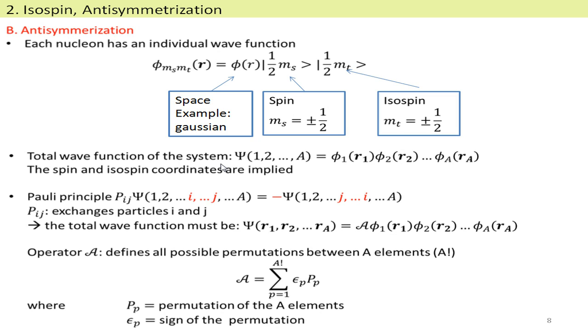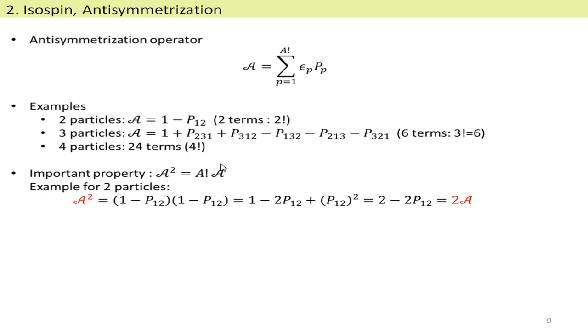And so you have this P, which corresponds to a permutation inside the elements. And you have epsilon P here, which is +1 or -1 if you have an even permutation or an odd permutation.